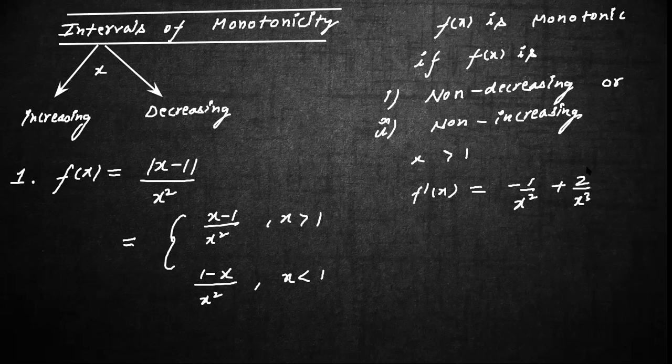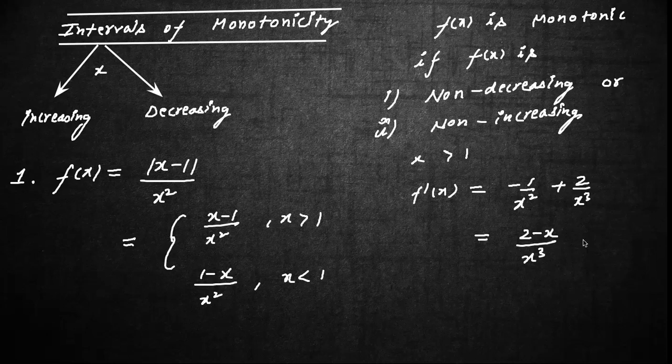We can find out at what points this is increasing or decreasing. We can multiply or divide by x. So here it will be 2 minus x by x cube.